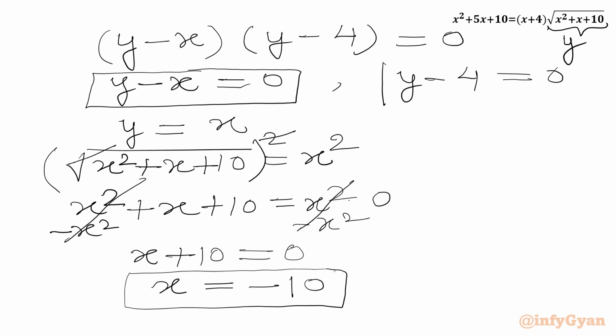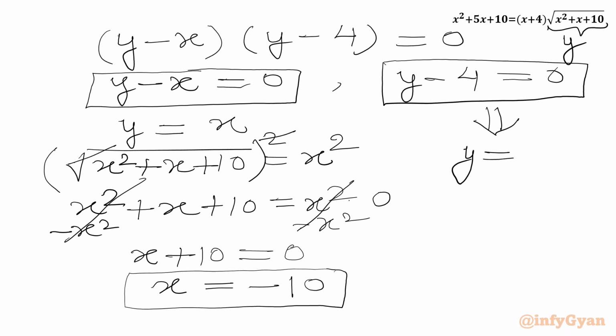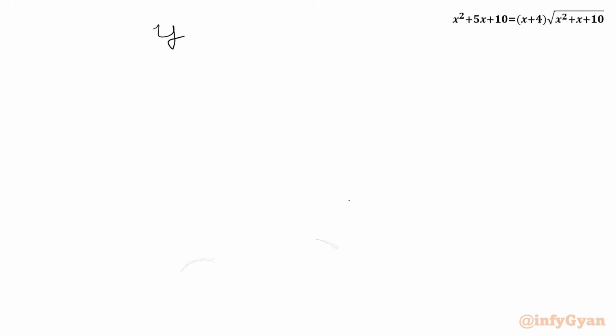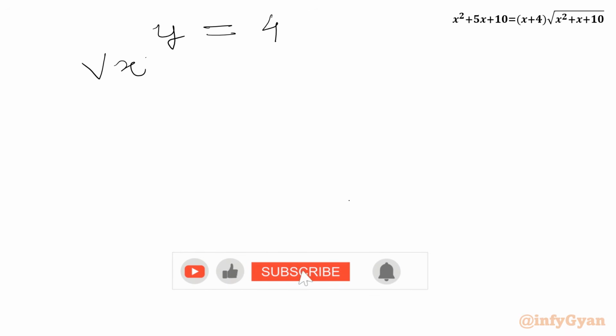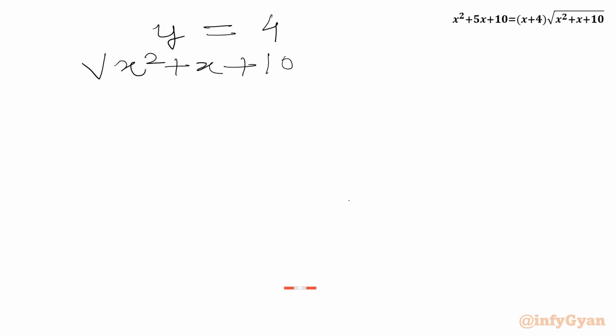Now we have second equation, y minus 4 equal to 0. So from here, we will get y equal to 4. Let's solve this equation as we have y as square root of x square plus x plus 10. So I will write y equal to 4, which will be equal to square root of x square plus x plus 10 equal to 4.